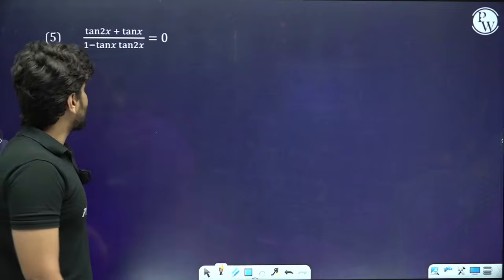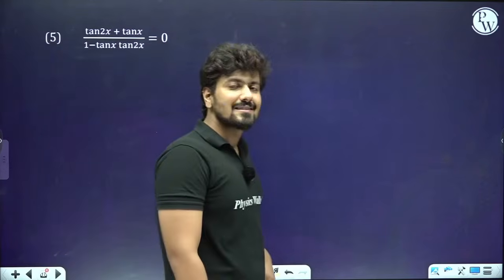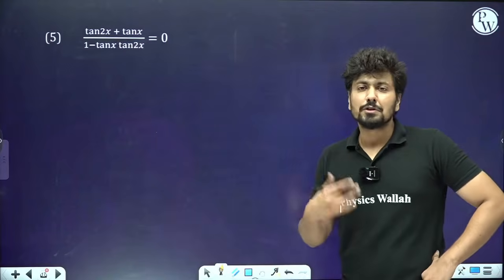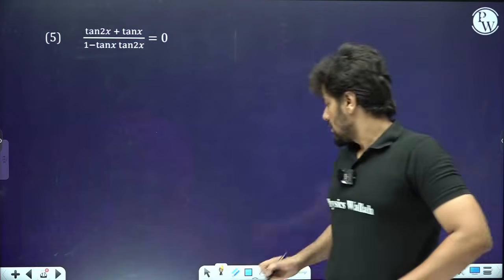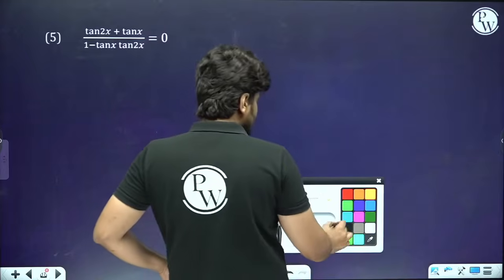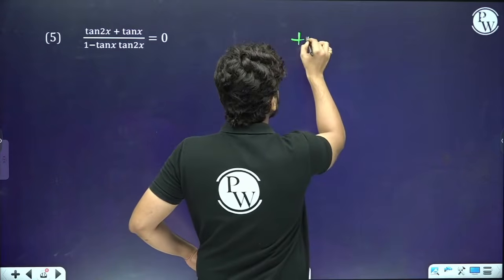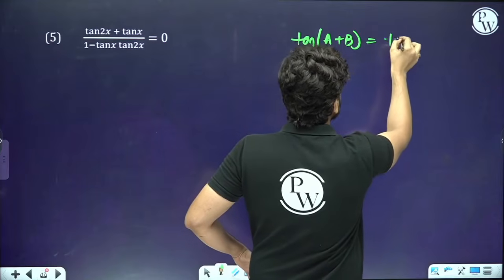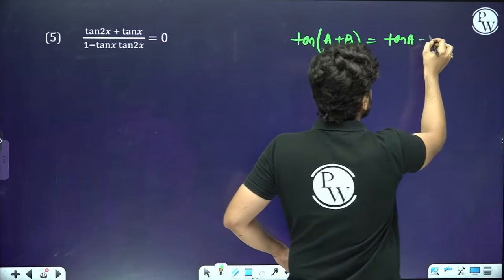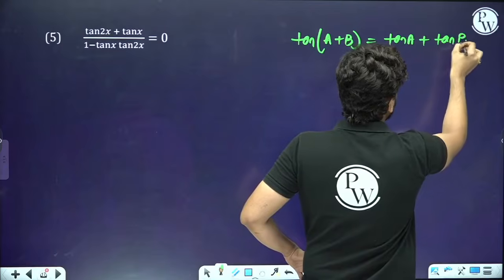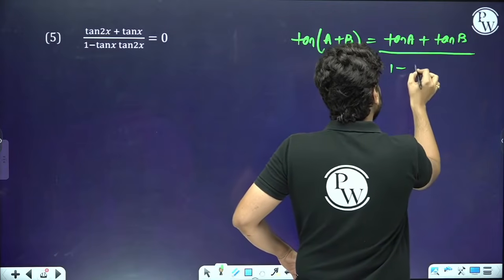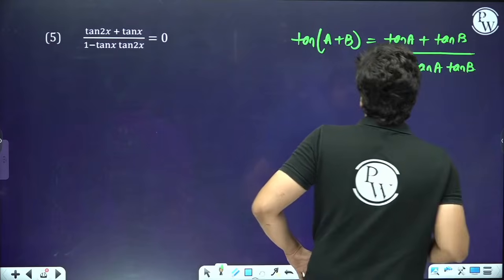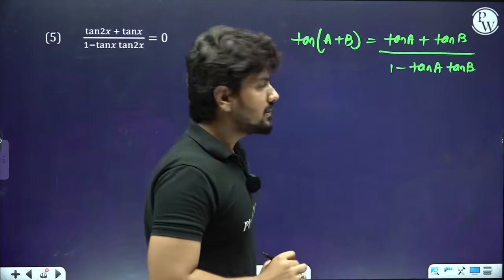Tan 2x plus tan x upon 1 minus tan x multiplied by tan 2x is equal to 0. So we want to find the solution of this equation. So here I can see the formula of tan of a plus b. Do you know the formula for tan of a plus b? Yes. So that will be equal to tan a plus tan b upon 1 minus tan a multiplied by tan b.